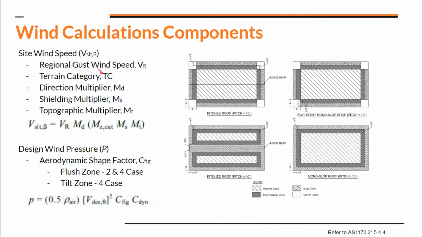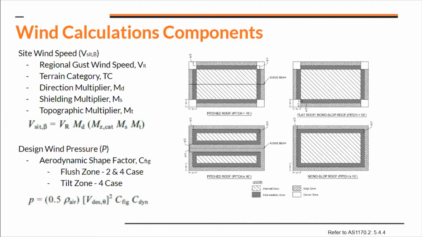If you have two sites with the exact same building, one in Queensland and one in Victoria, and the one in Queensland is in an open space while the one in Victoria is shielded by other buildings, you're going to get significantly different results, even though it's the exact same structure. It might sound quite straightforward to you guys, but you'd be surprised how many people don't necessarily believe us or understand that.